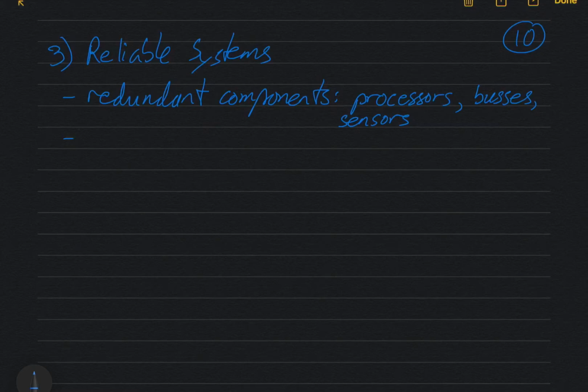And typically, if you're duplicating measurements or values being transmitted or calculations, you need to settle on what's the correct value. So they combine outputs, typically with a majority vote.